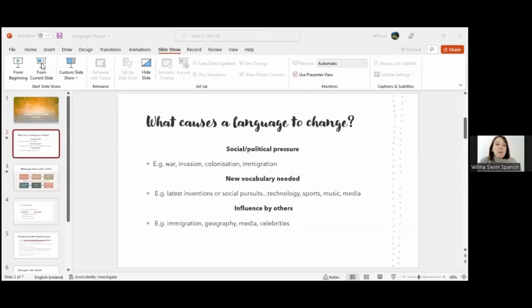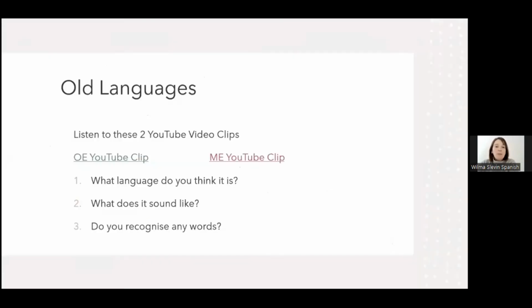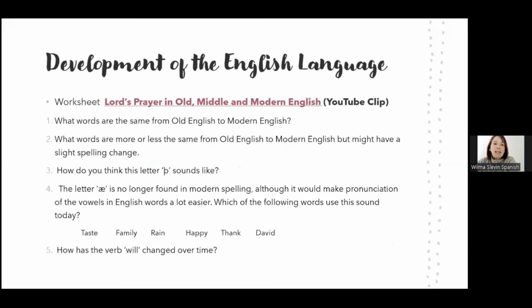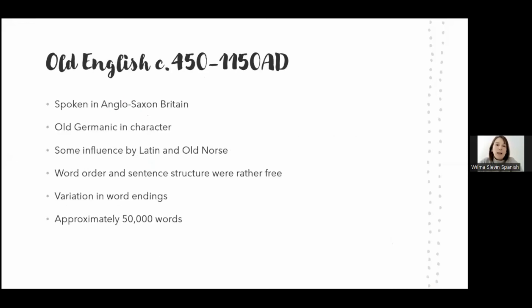So that's an idea of what you can do: listen to these, what language do you think it is, what does it sound like, do you recognize any words, etc. And then we go through the worksheet, which is the Old, Middle and Modern English. There are some questions on the worksheet, which you will also have, along with the answers, so don't worry that you have to figure all this out yourself.